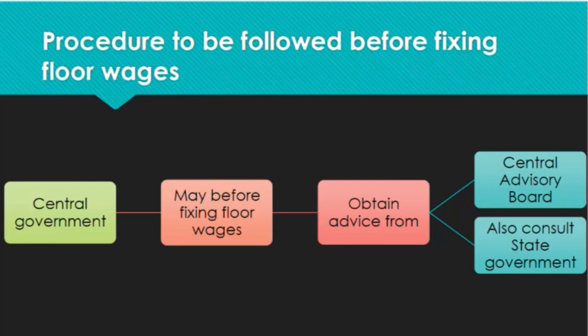In the central case, they have to get the advice from the central advisory committee and the state government. Because once they fix the floor wages, it is applicable to all the states. So they need to take into consideration the geographical specifications of each state before they fix the floor wages for all the states. So they have to get concurrence from the state government and also consult the central advisory board before they fix the floor wages.